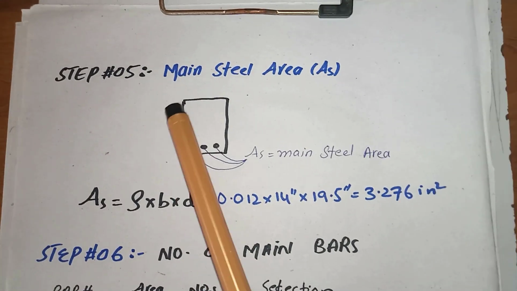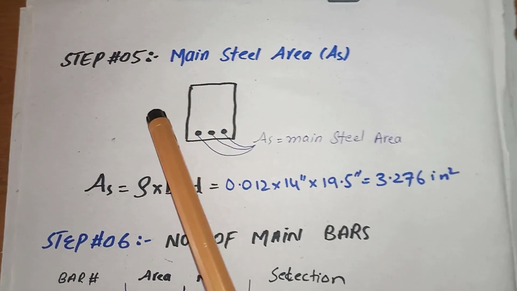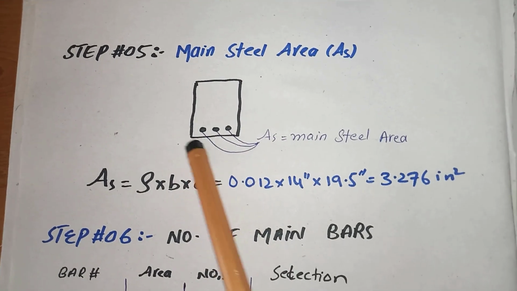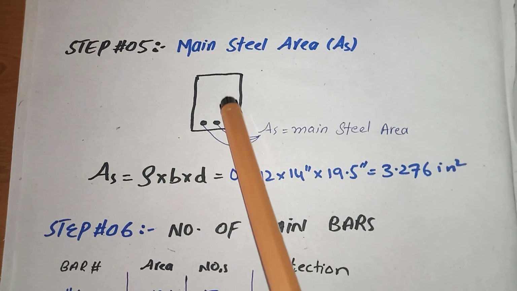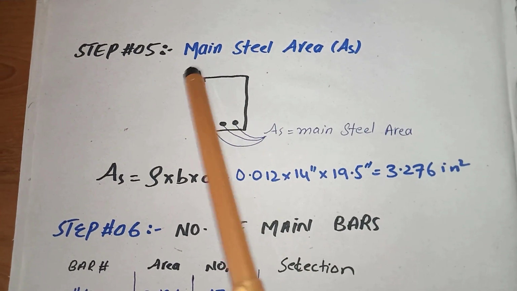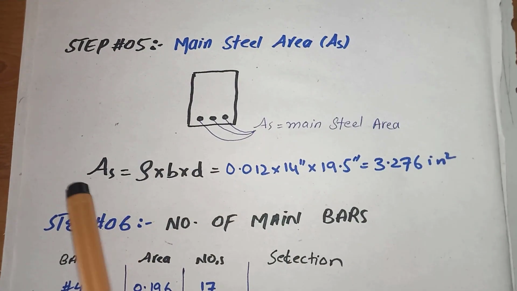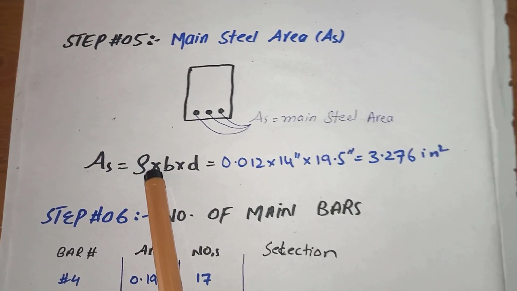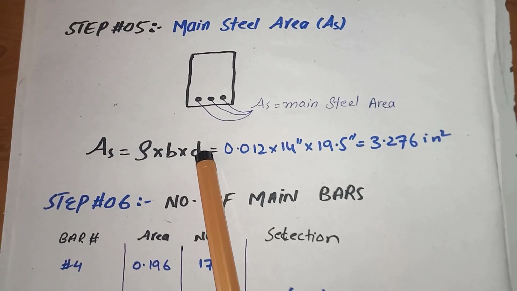Dear friends, by now we have calculated the size of the beam. So now we have to calculate the main steel area that is to be put in the bottom of that beam. For that main steel area we have a simple formula, that is As is equal to rho, the steel ratio, multiplied by b multiplied by d.